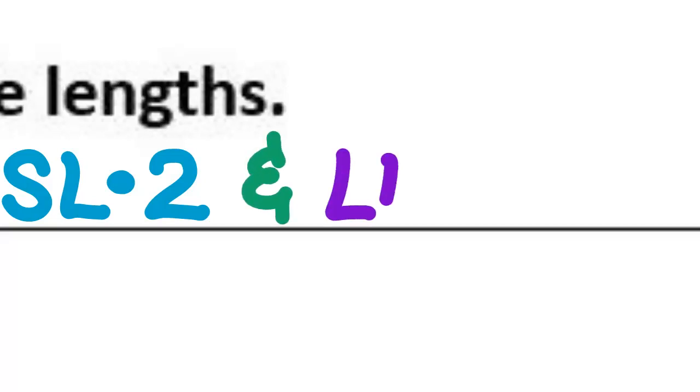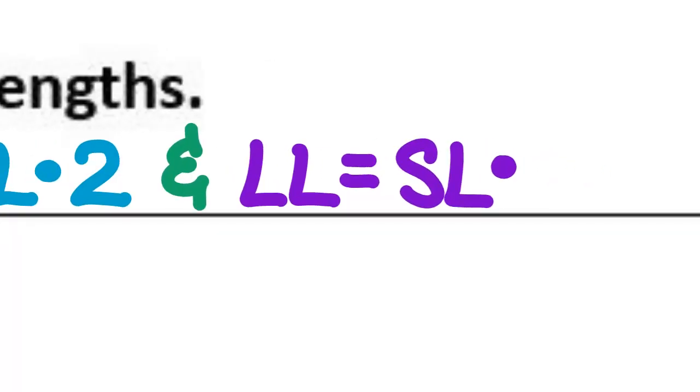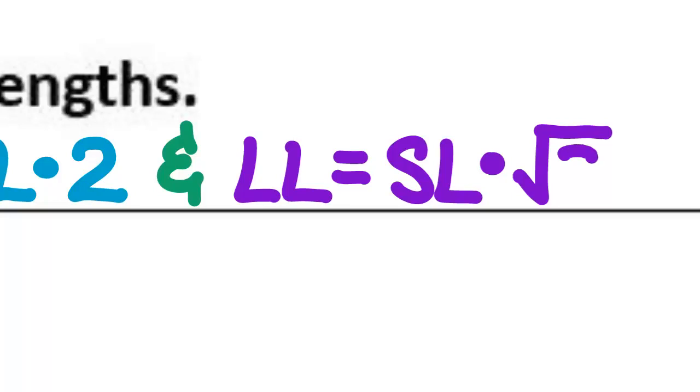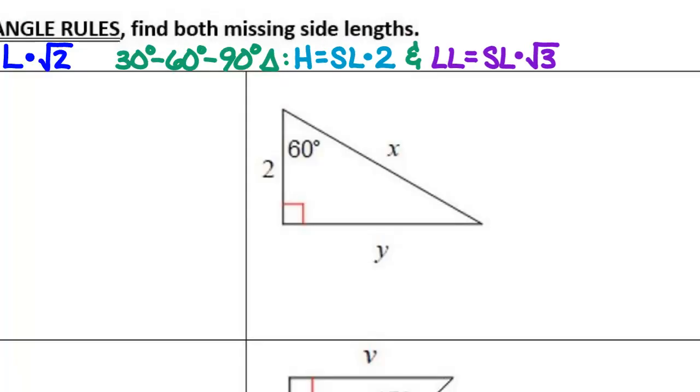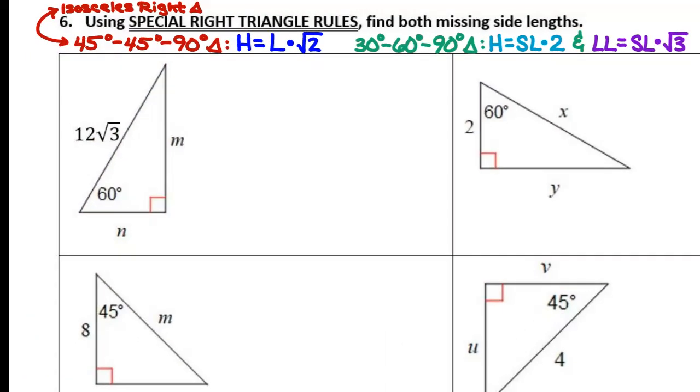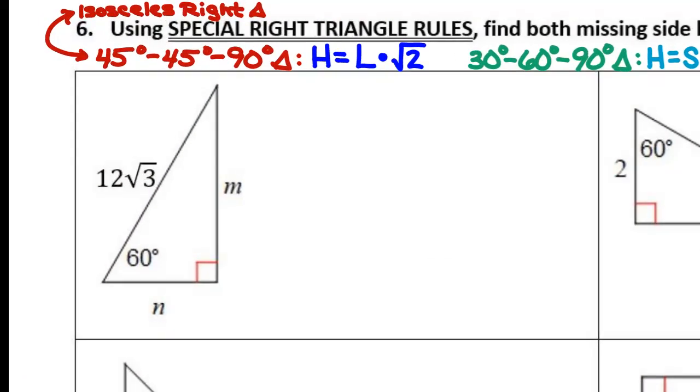And then the long leg is equal to the short leg times the square root of 3. You need to know all 3 of those rules and how to use them. So let's go ahead and use those special right triangle rules to solve these 4 problems.